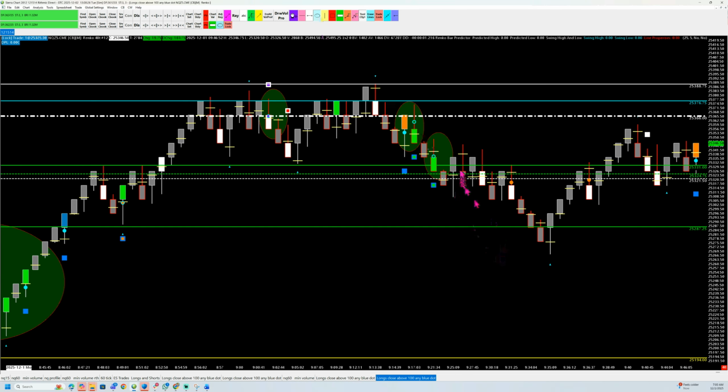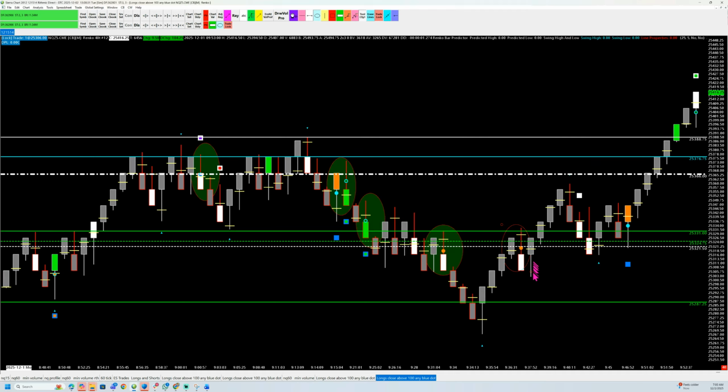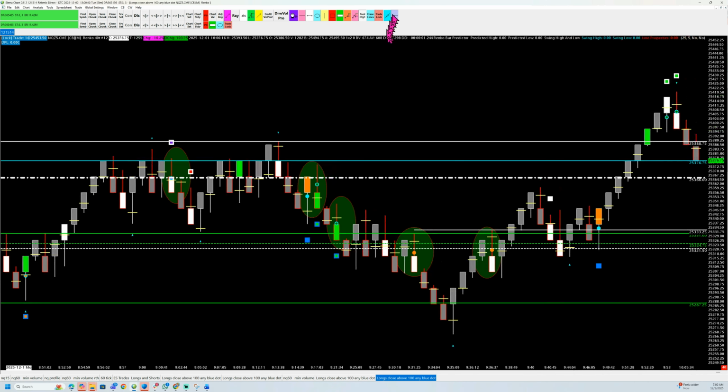As long as they're above that 25,287. 4, 5. So you can see, I'm going to put the white line there again. These are my lowest two. I'll use this one, right? And you can see the circles that are on these bars. I'll point to them. 1, 2, 3, 4.